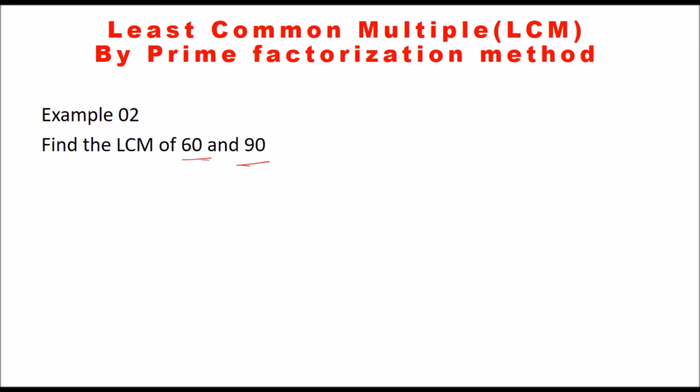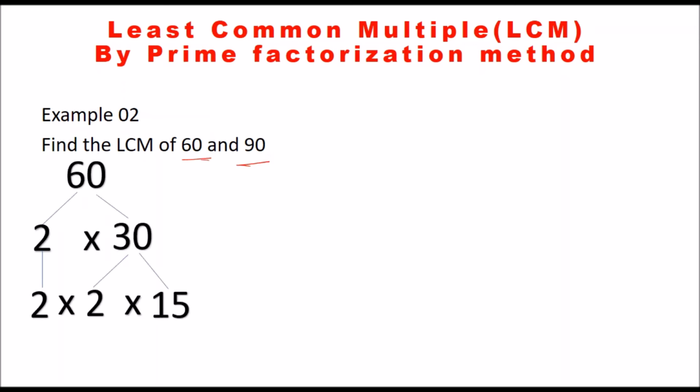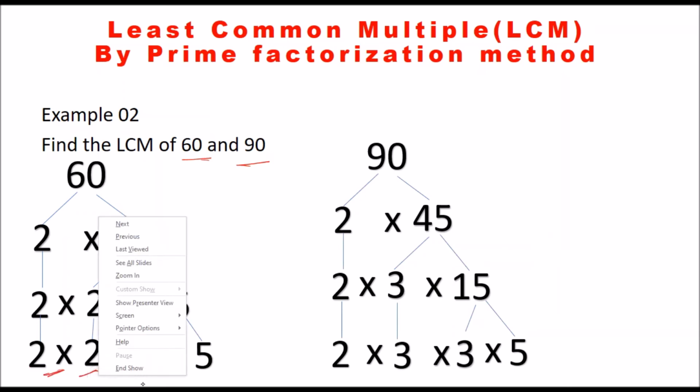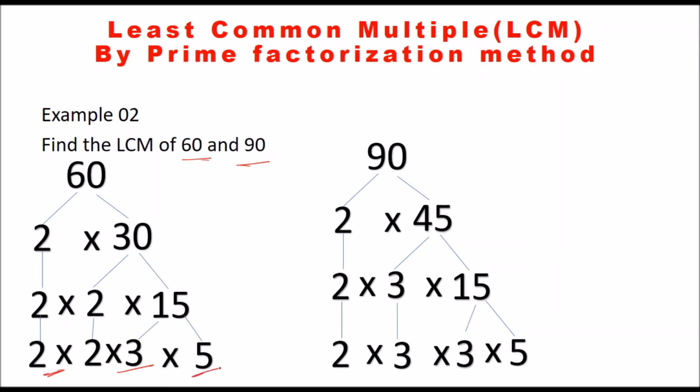We list the prime factors of 60. The prime factors of 60 are 2 times 2 times 3 times 5.